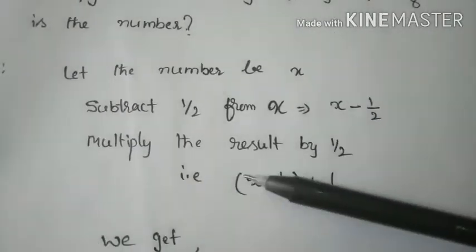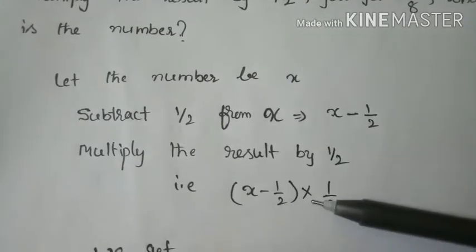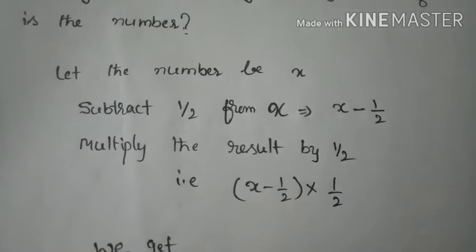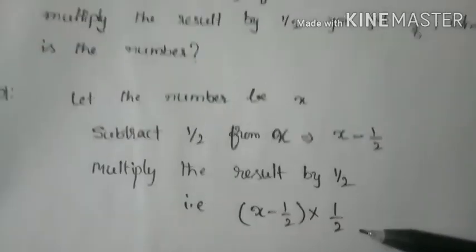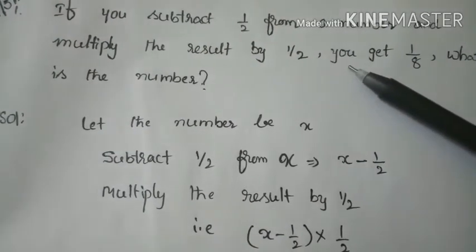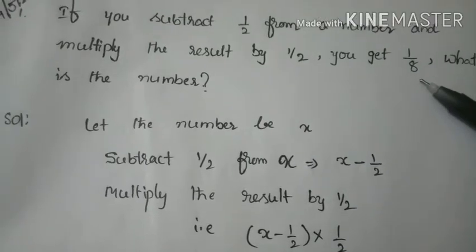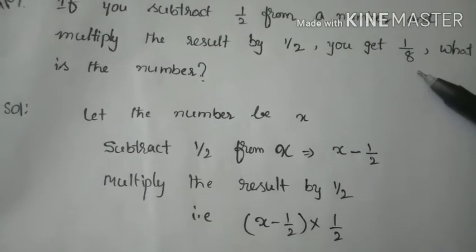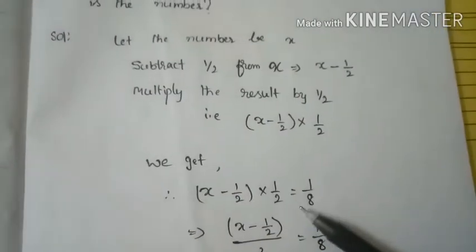Clear? Yes. Next, how much you got? Finally, 1 by 8 is our answer. That means we got 1 by 8.